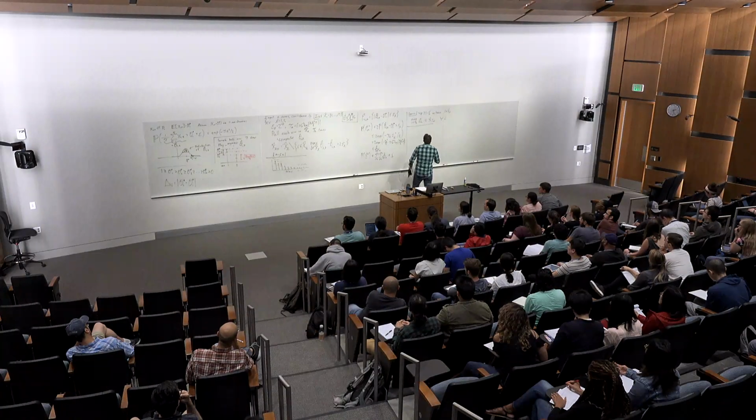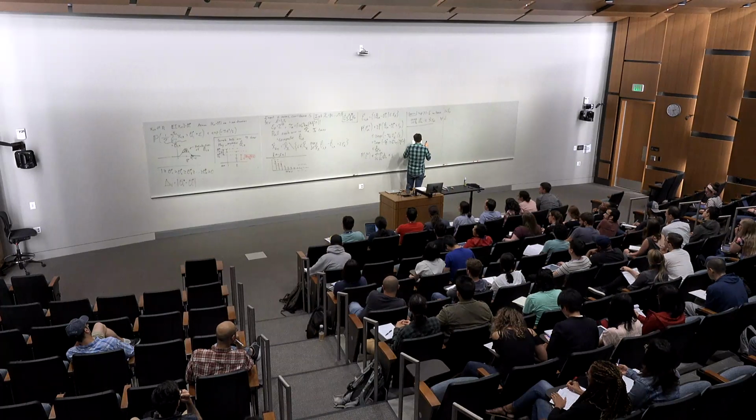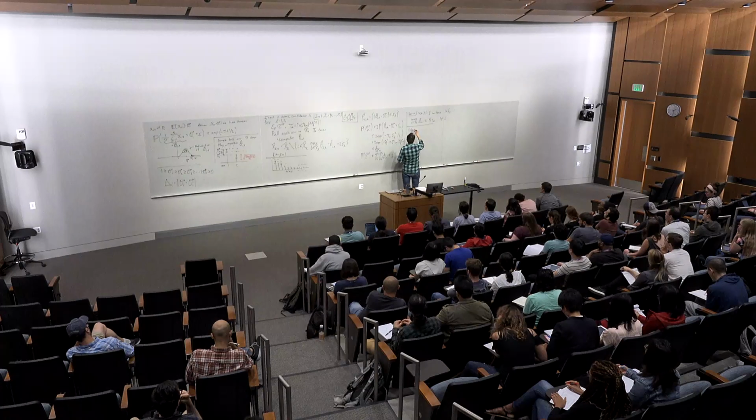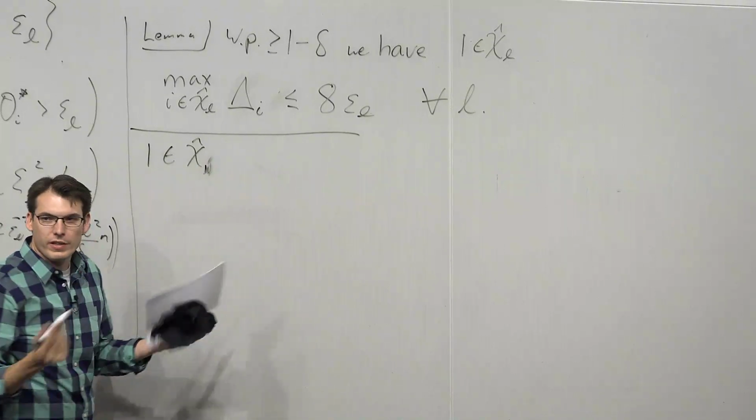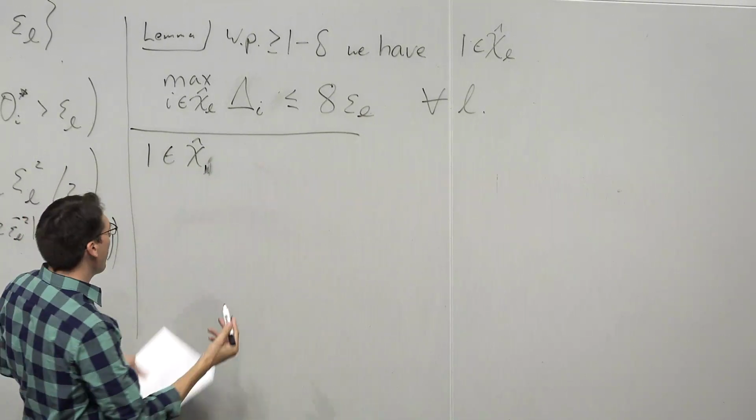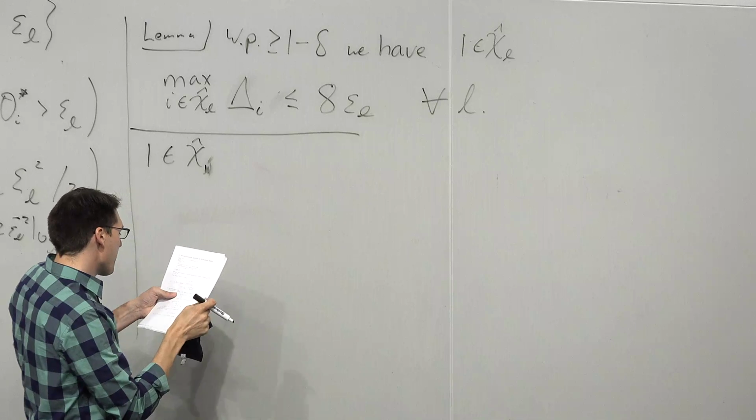Okay, so first note that 1 is always in x hat 1 because we initialize x hat 1 as all of x, or all of 1 to n.